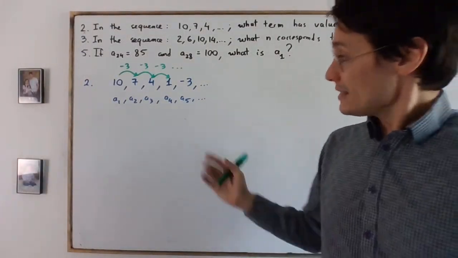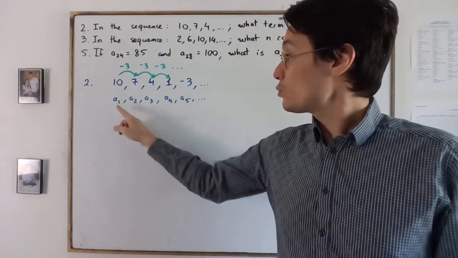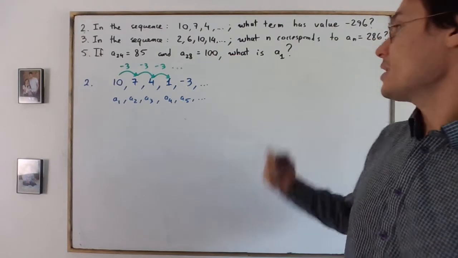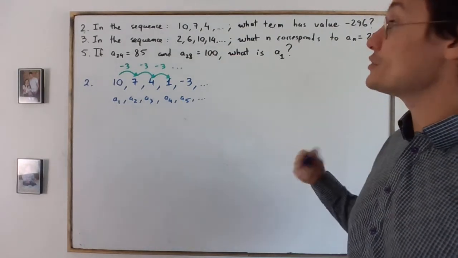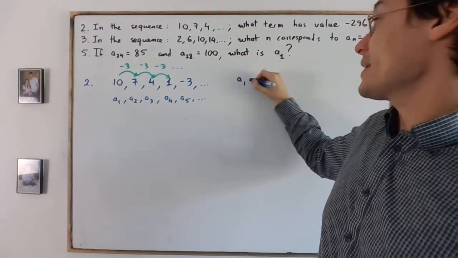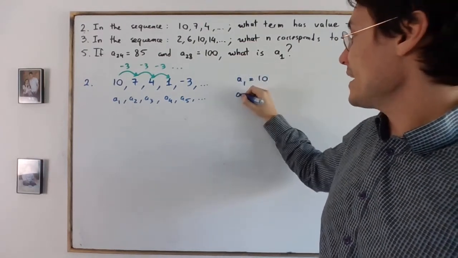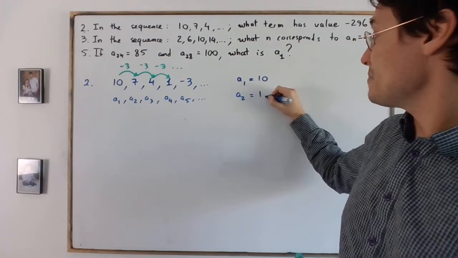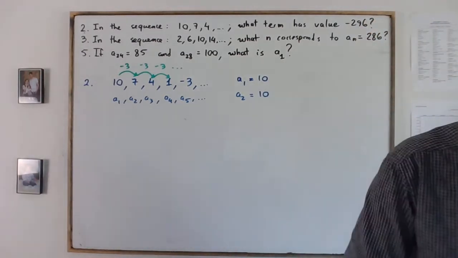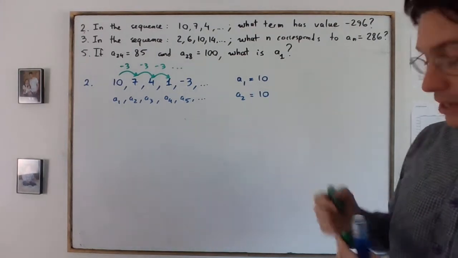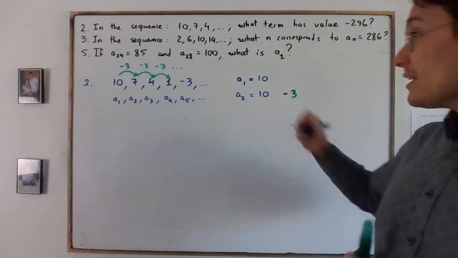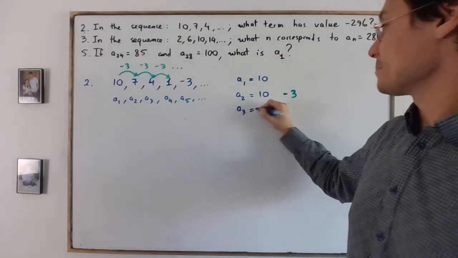So let's actually write a formula that will work for 1, 2, 3, 4, 5 maybe, and then we will have a look at how to deduce the formula. So all right, A1 is 10. Then A2, as you can see, is going to be 10 and then -3. Then A3, look at this carefully.